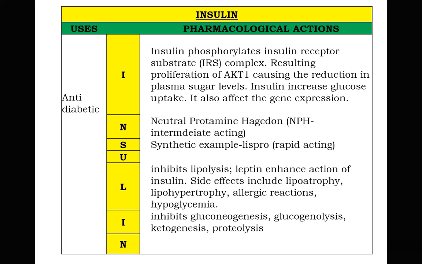Insulin increases glucose uptake. It also affects gene expression. Through gene expression, it controls blood sugar levels.